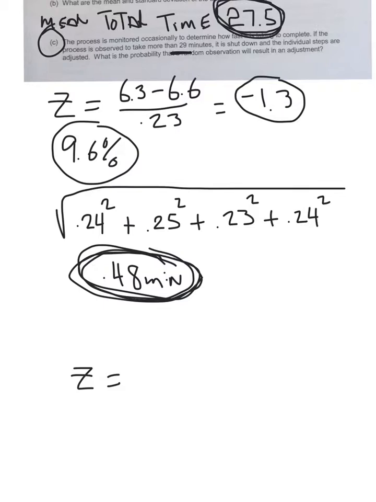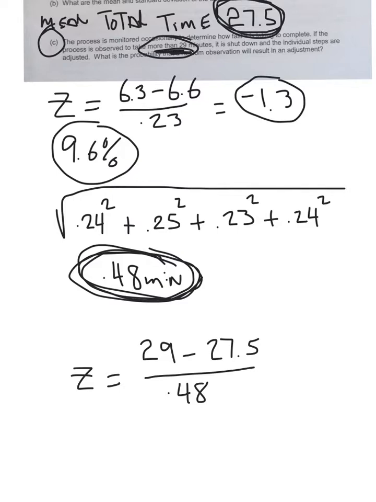So it's a z-score, and the time we're interested in is 29 minutes, and what we think it's going to take is 27.5, and our new standard deviation is 0.48, and it says more than 29 minutes. So we're going to get normal CDF, and this time we're going to subtract it from 1. Okay, so let's see what that looks like.